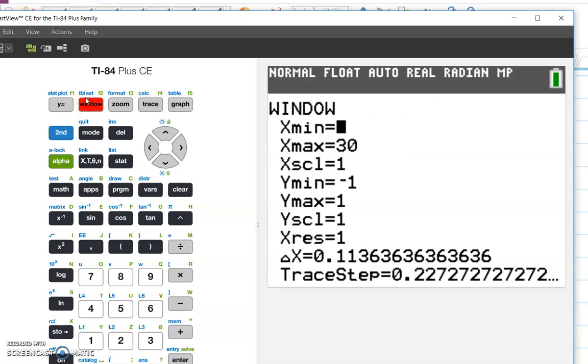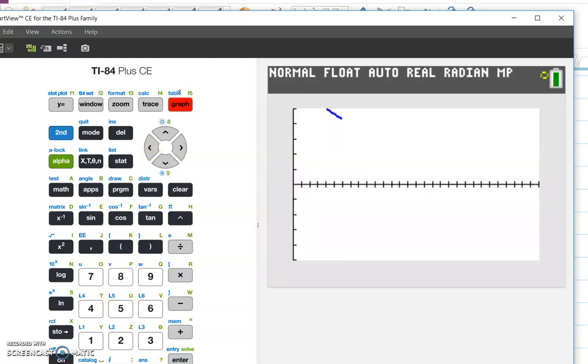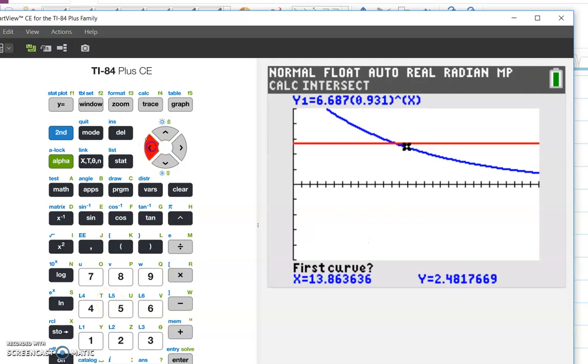My window should be from 0 to 30, because that's the time interval we're on, and make my y-min like -5 to 5, just to see a nice window. Calculate the intersection. 12.4150.